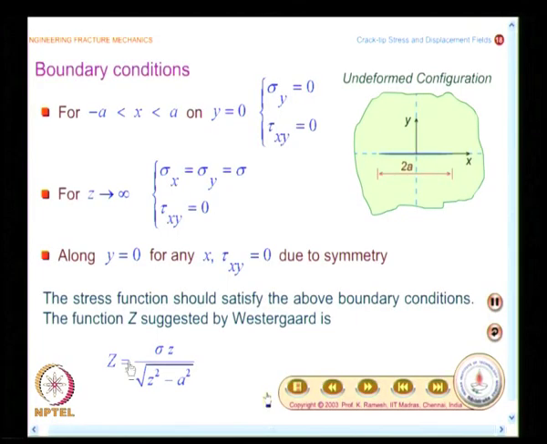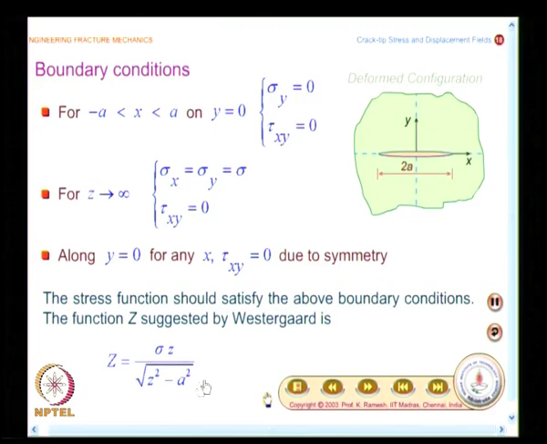Not only is this stress function meant for a single crack. With simple modification of this, he was able to get the stress function for the case of evenly spaced cracks, several cracks.